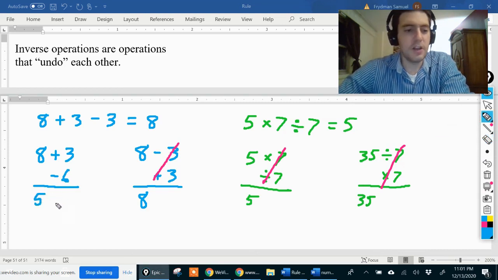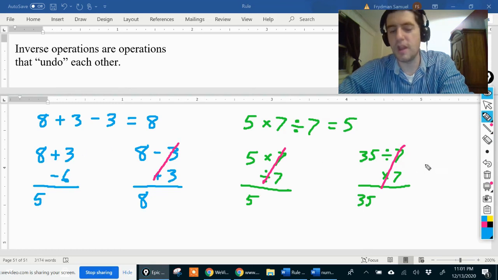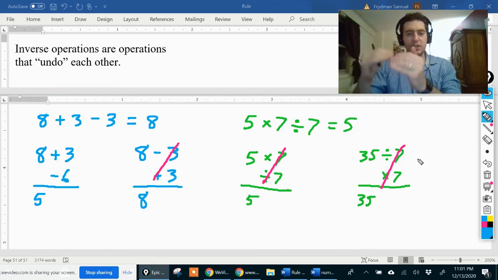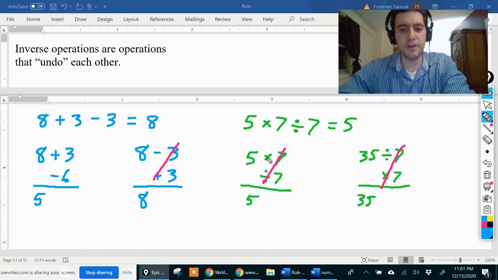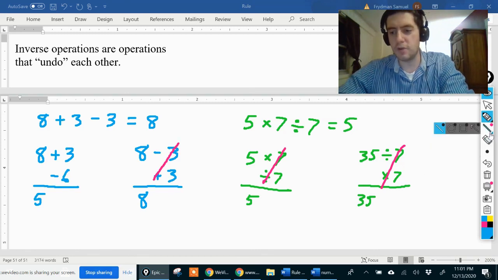It's not 8. So obviously, if I add and subtract different numbers, then the number that I end up with is not going to be the same as the number that I started with. So it only works if the numbers that I add and subtract are the same. Same thing with multiplication and division, okay?